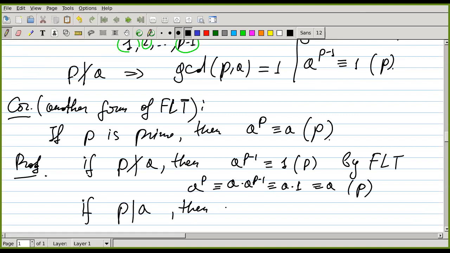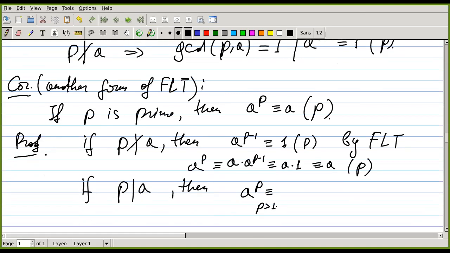And if P divides A, then A to the power P is what? P is greater than 1 as it is prime. So A to the power P is divisible by P. And A is divisible by P. Is it clear?